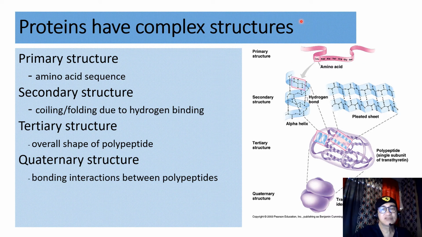The secondary structure is based on the bending or coiling of the polypeptide chain due to hydrogen bonds between nearby amino acids. This results in either an alpha helical structure of the polypeptide or a pleated beta sheet.